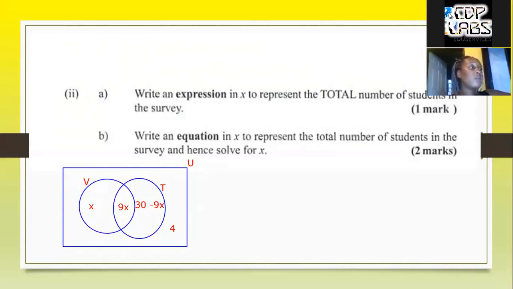Part A. Write an expression in X that represents the total number of students in the survey.